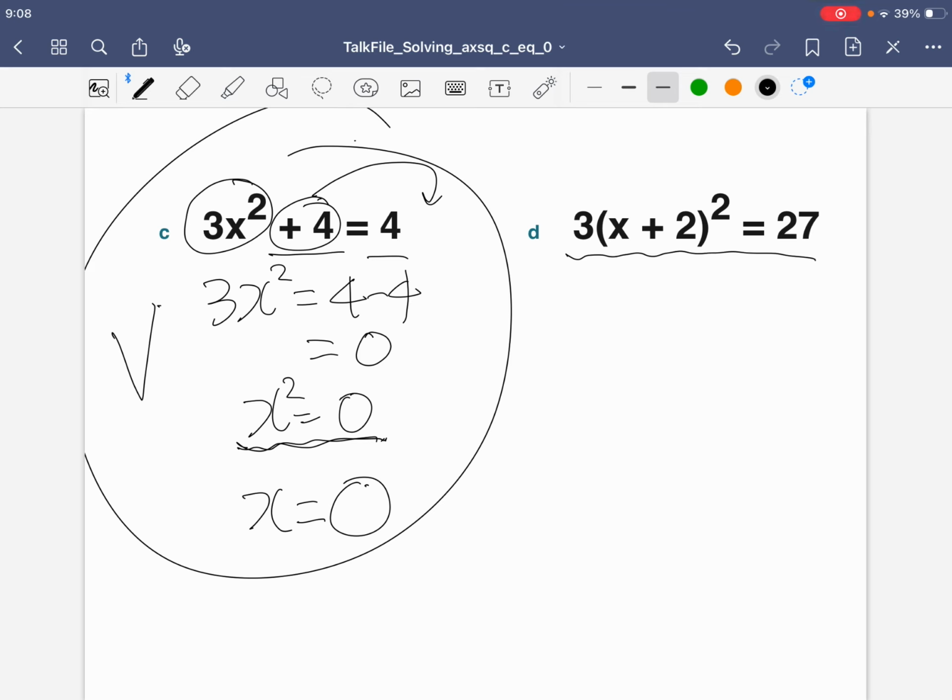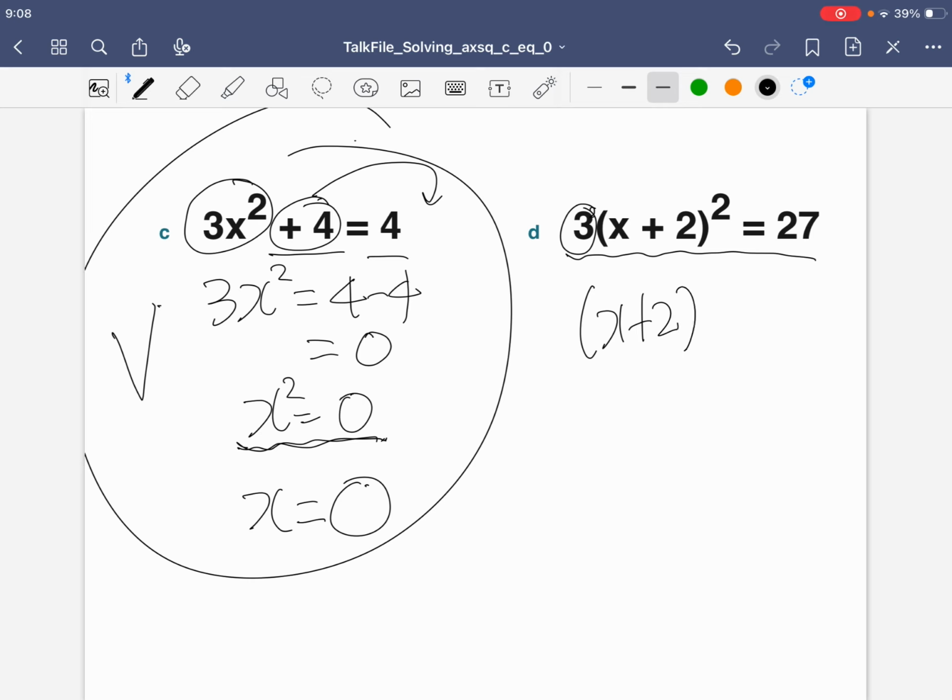3 times (x plus 2) squared equals 27. This actually has another way to solve it, but for now, let's just try to solve this equation as if x plus 2 is just a variable. So I'm gonna divide both sides by 3.